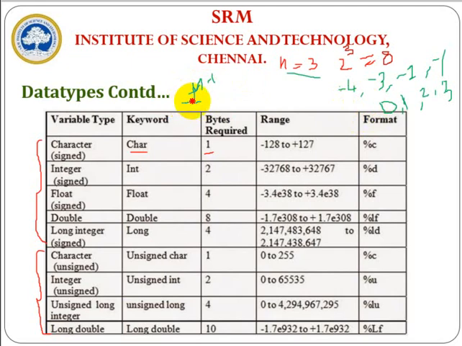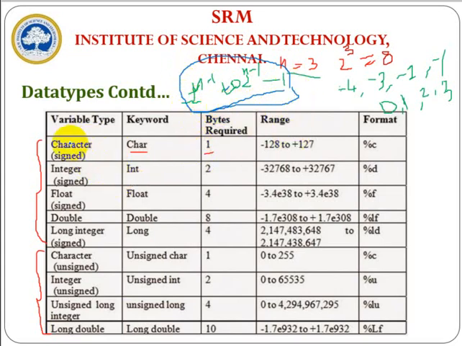So the negative numbers go to 2 power n minus 1, and for the positive numbers we are not getting 4, right? So it will be subtracted by 1. In general, the numbers can vary from minus 2 power n minus 1 to 2 to the power of n minus 1, minus 1. Up to this, any value can be held.